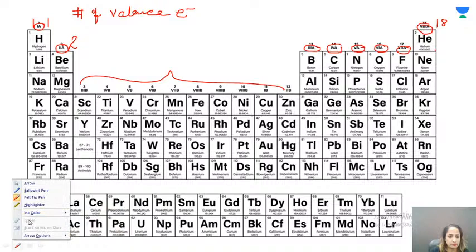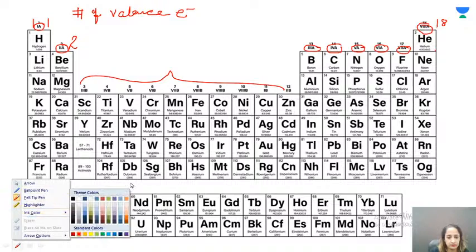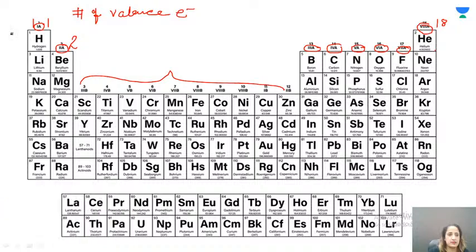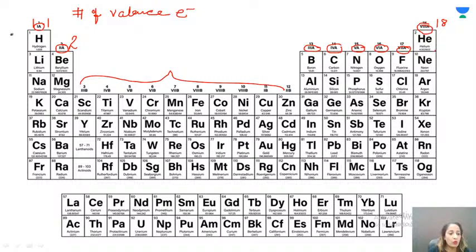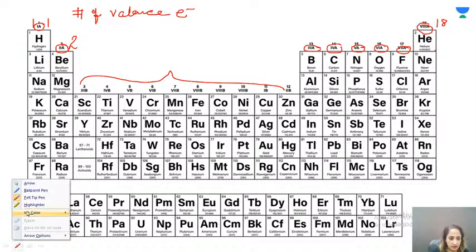Okay, now let's talk more about how we are grouping all these elements together, and I'm going to color them. Let me see if I can highlight them.